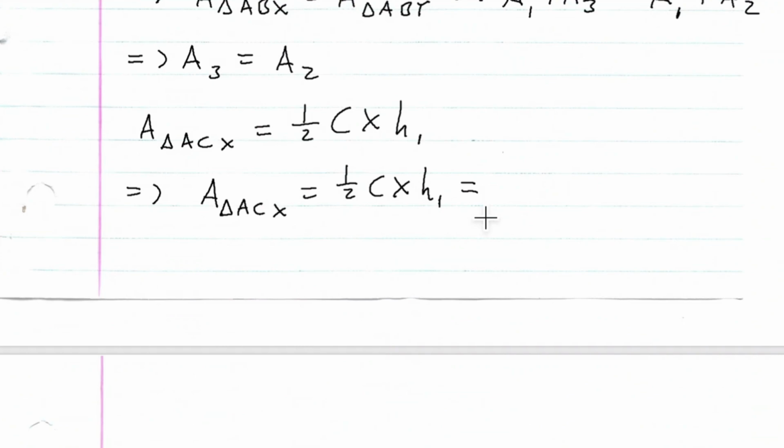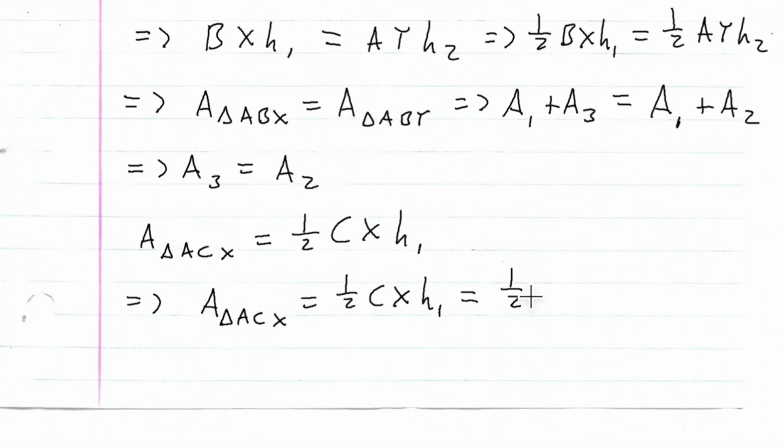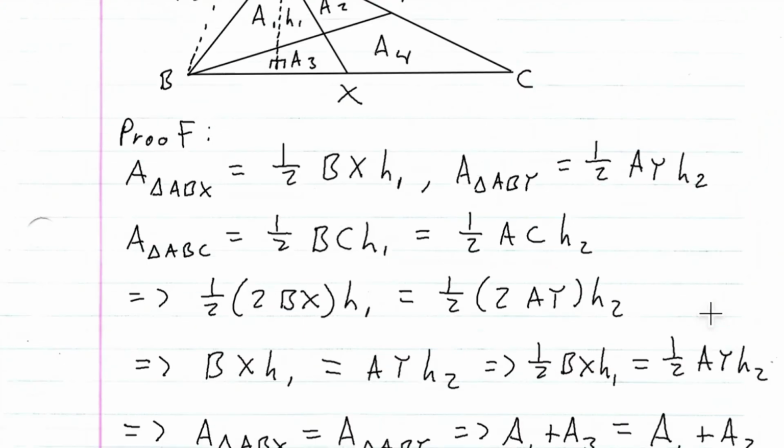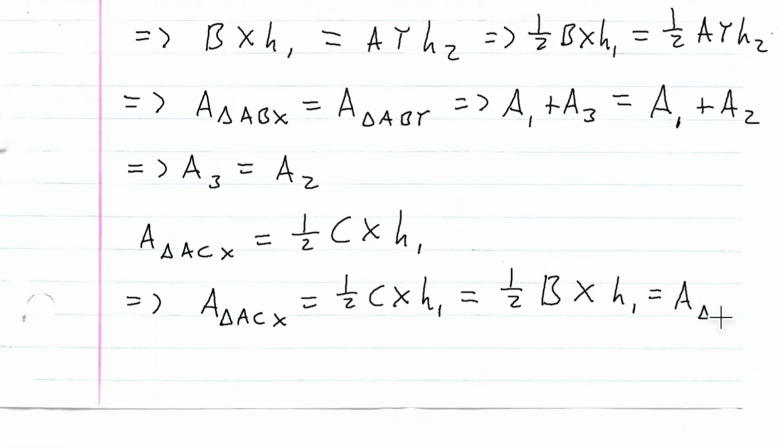So I can write this as 1/2 BX H1, which is equal to the area of triangle ABX. So the area of triangle ACX is equal to the area of triangle ABX.